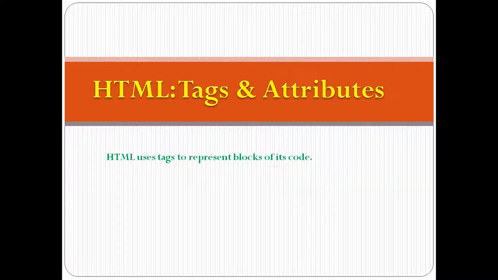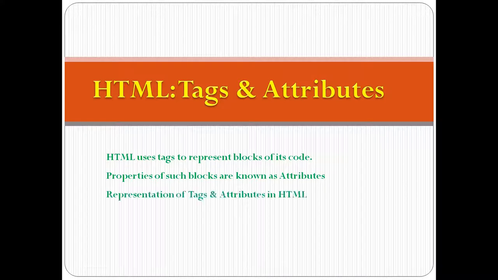HTML tags. HTML is basically represented in the form of code blocks, and those code blocks are known as tags in HTML. Properties of such blocks are known as attributes. Representation of tags and attributes in HTML. Let's understand what kind of things we are going to cover in this video.